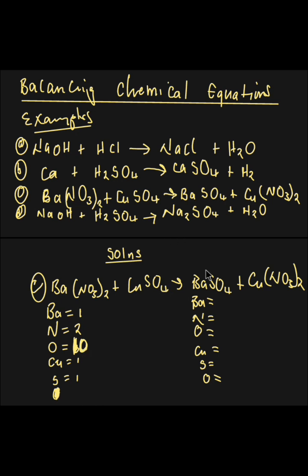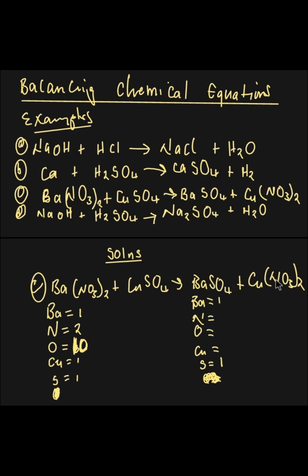Then we move to the other side. Barium, how many do we have? We have 1. Sulfur, how many do we have? 1. So this oxygen is already there, so there's no need to write another one. Okay, so nitrogen, how many do we have?